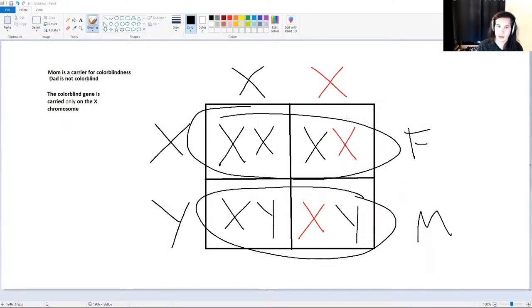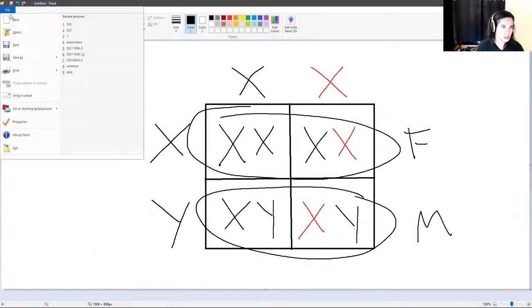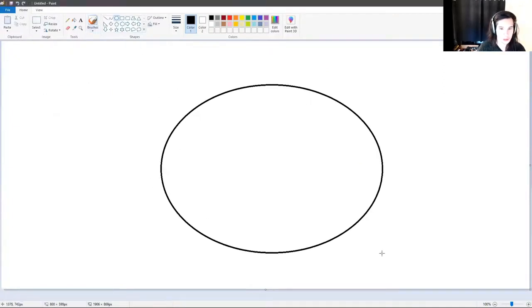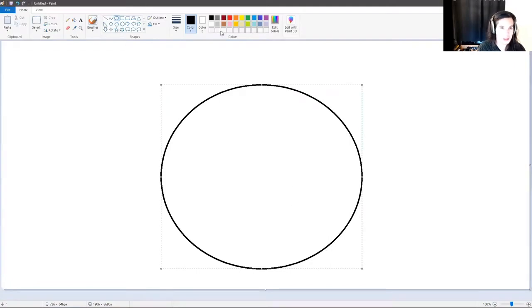And also know, if I'm giving you guys an image of a cell, so we'll just draw a cell, and this cell is... so that's going to be your chromosome 1 from your mom.